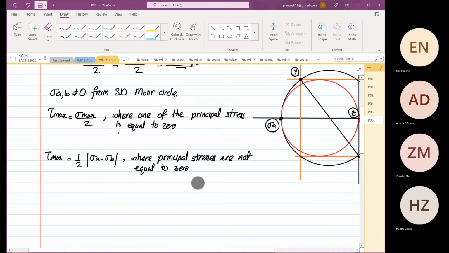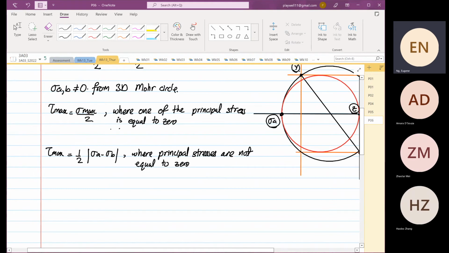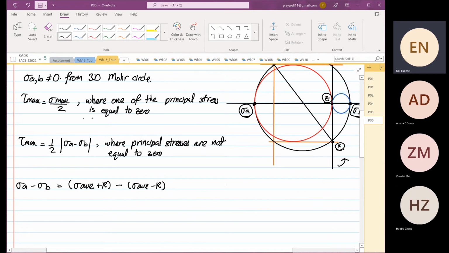So now we have to find stress A minus stress B. We let stress A and B be equal to stress average plus or minus radius.